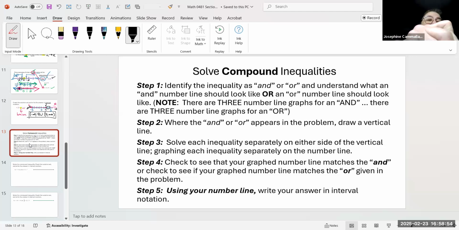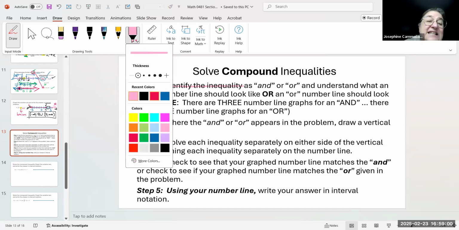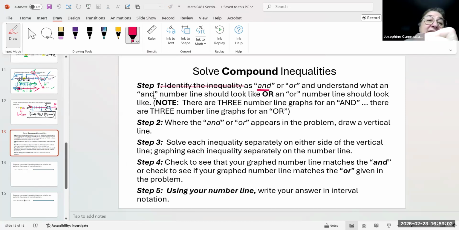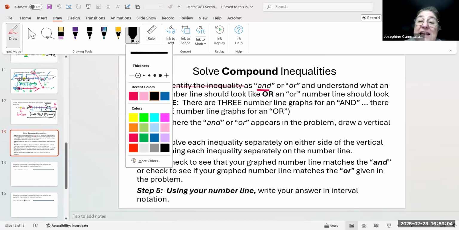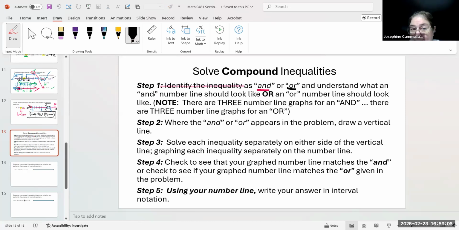Okay, first off, identify the inequality. Is it an and? Is it an or? And understand what an and number line should look like, which means it's got to have something in common, or what an or number line looks like.